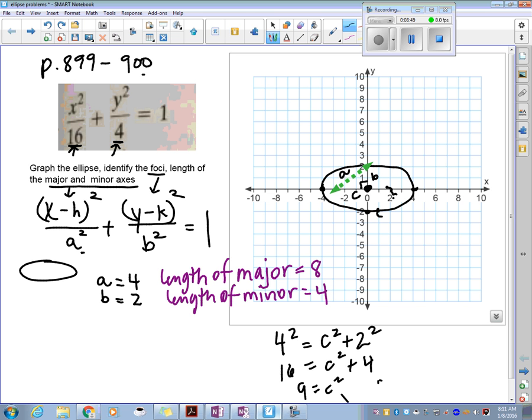So what is this length going to be? Where are the foci going to be? Isn't it going to be out 3? 16 minus 4 is 12. Thank you. I wanted it to be a pretty number, but it's not, is it?